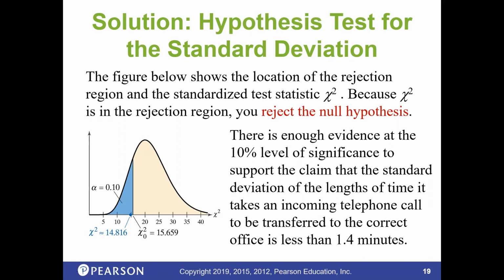Let's look at the claim real quickly here. Which one's the claim? Okay, yeah, the claim was the alternative hypothesis. Yes, so there is evidence to support the alternative hypothesis.